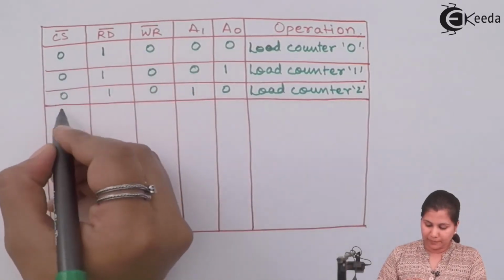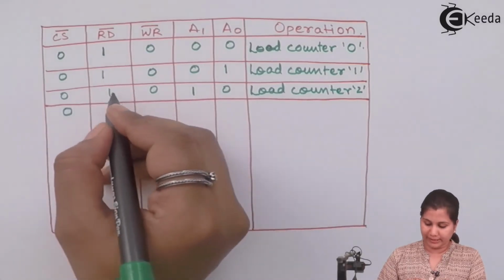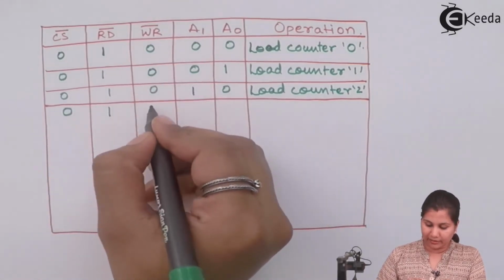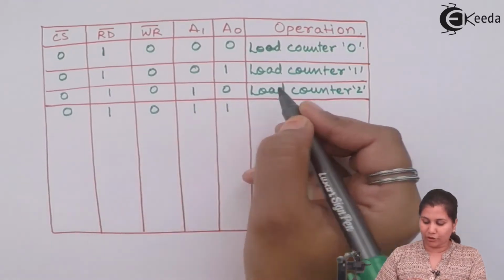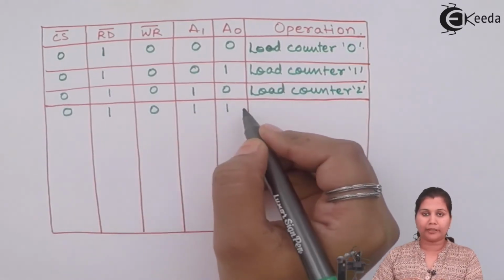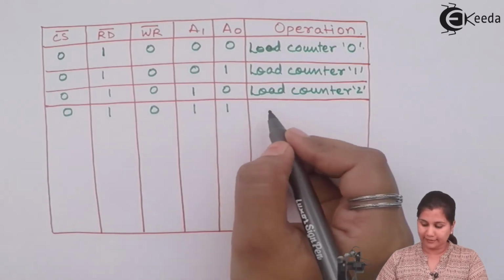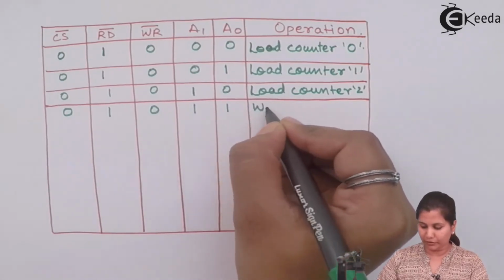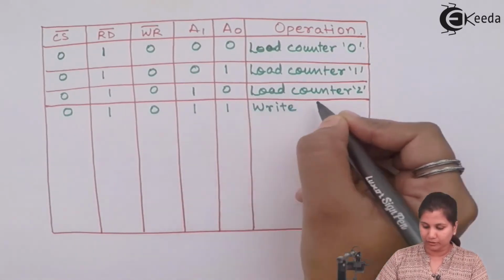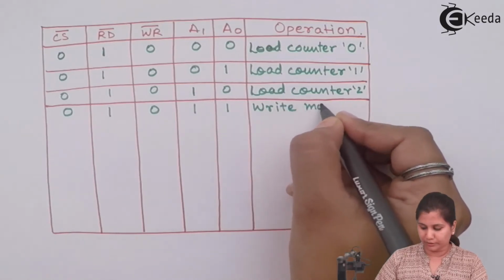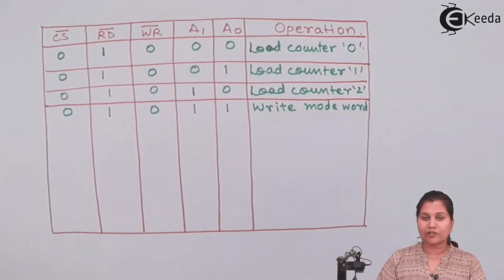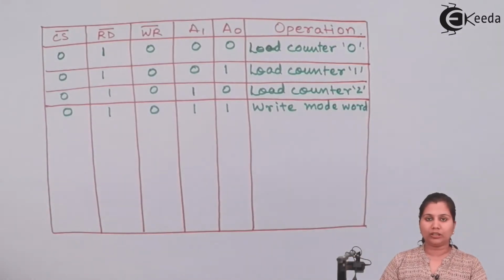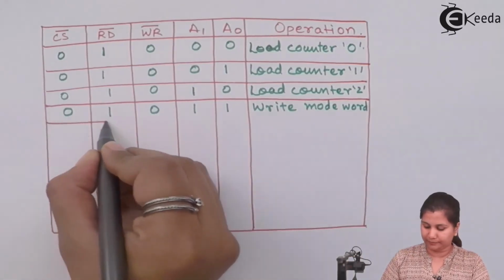Then we have chip select 0, read 1, write 0, and here if we have 1 1, the control register is selected, so the operation will be to write the mode word, that is, to write the control word into the control register.